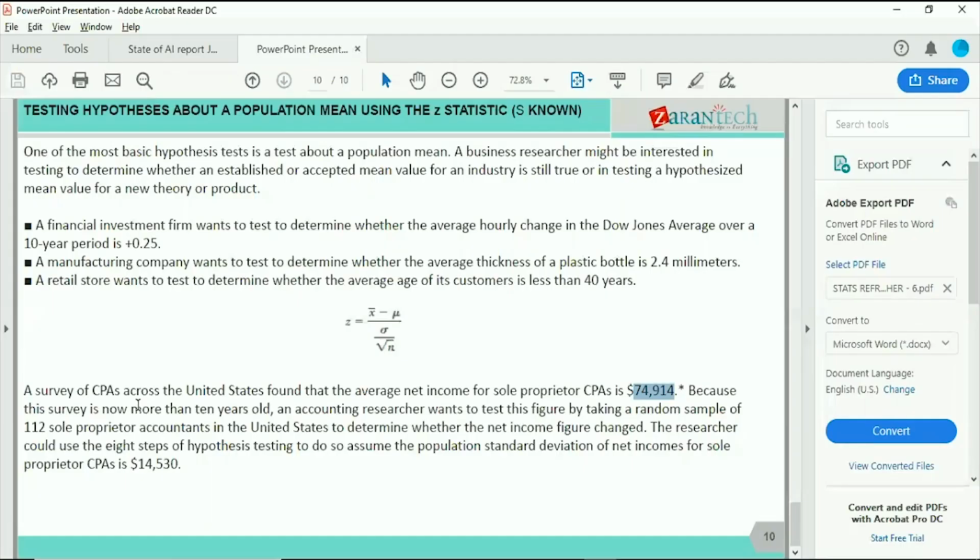But what will you do with the z-score? So now we need to find the range. With the z score, we should get the two ranges. What range? We need to find whether that figure has changed.